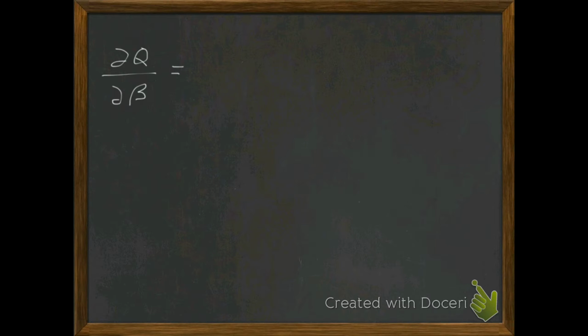But guys, that's the equivalent of taking the partial of Q with respect to beta 0 and the partial of Q with respect to beta 1.